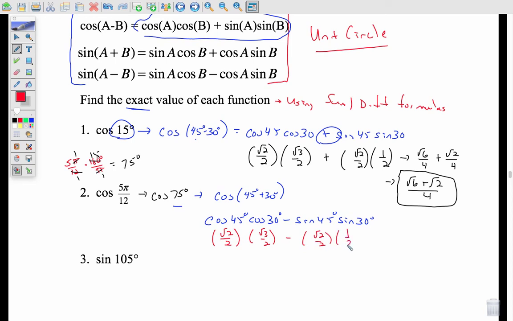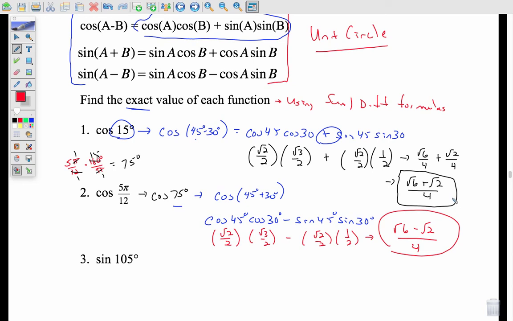The sine of 45 is square root of 2 over 2. And the sine of 30 is 1/2. Going to go straight to our simplified version, or single fraction this time. Square root of 6 minus the square root of 2 all over 4 is our cosine of 75 degrees, or the cosine of 5 pi over 12.